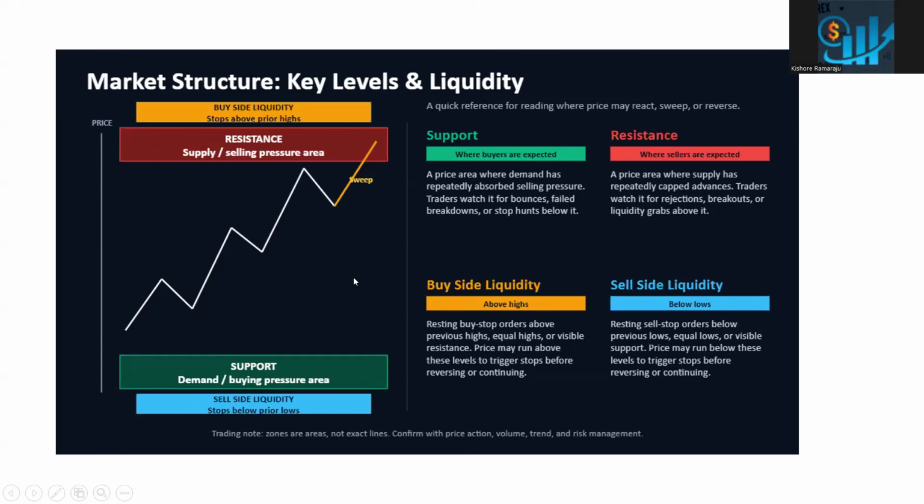So this concept is very important to know, because if you can grab those opportunities whenever market makers are doing that buy side liquidity or sell side liquidity, your buy entries and sell entries can be much, much faster.